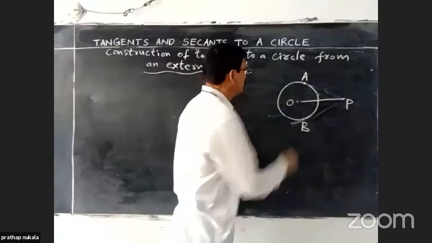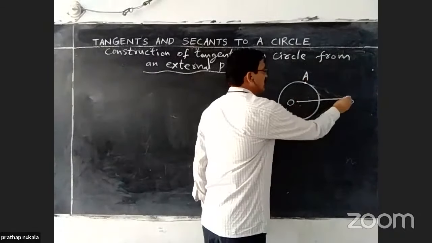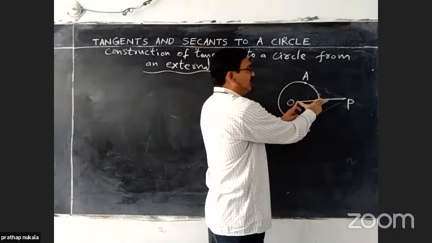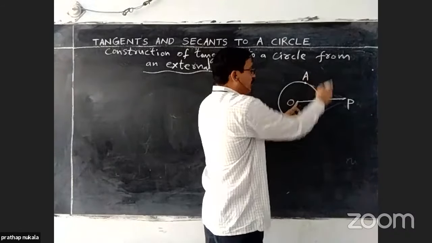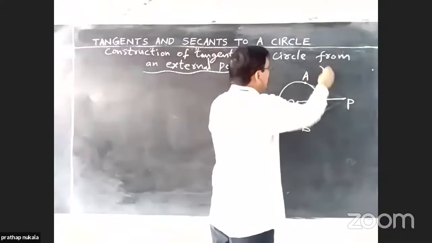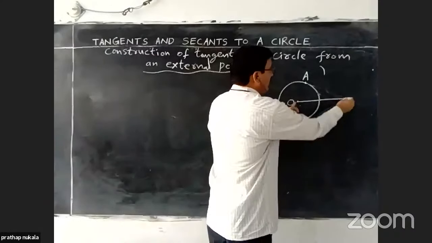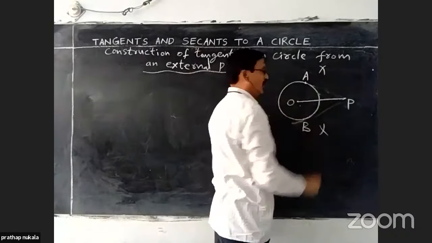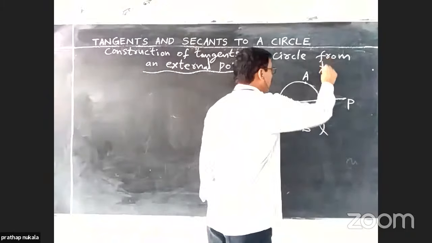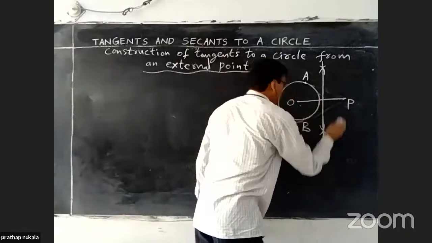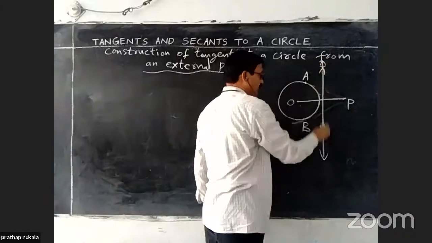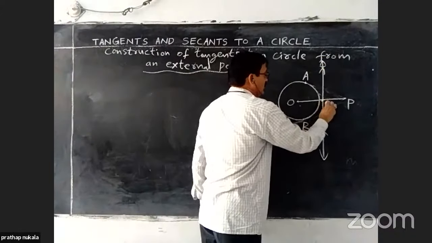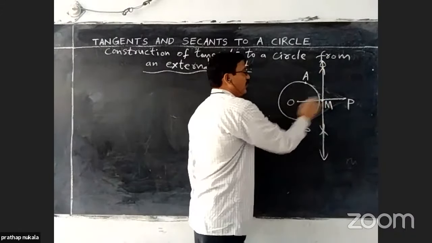First, draw the perpendicular bisector of OP by taking more than half the radius. Draw an arc above OP and below OP. In the same way, from P also, we have to draw arcs above and below, and by drawing a line through these two intersection points, this gives the midpoint of OP.